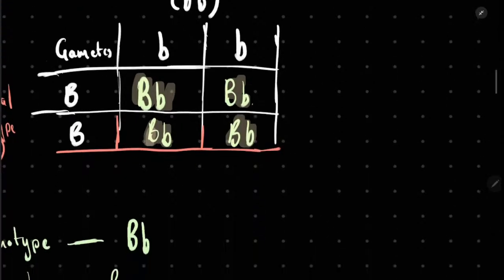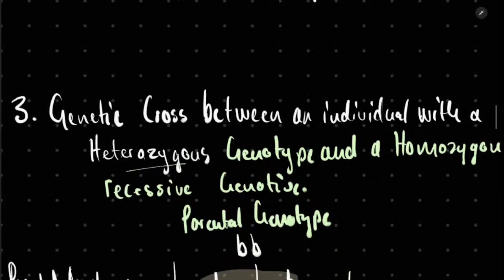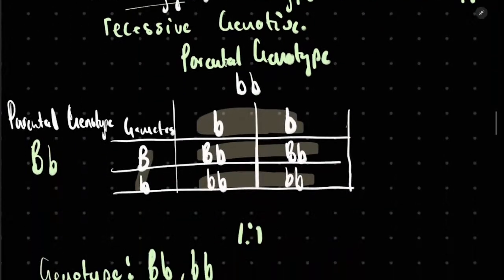homozygous parents. If you have a 3:1 ratio, then it means you had two heterozygous parents. But if you have a 1:1 ratio, then it means you had a heterozygous and a homozygous recessive. Homozygous here, this parent has the same type of allele.